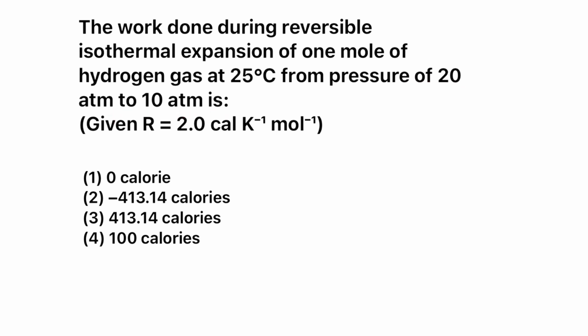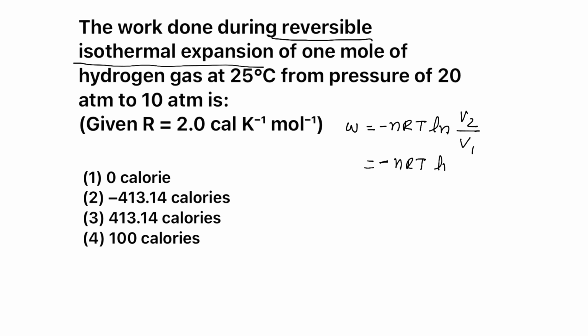For reversible isothermal expansion, you must know the equation for work done. Work done is equal to minus nRT log V2 by V1 in terms of volume, and in terms of pressure it is minus nRT log P1 by P2. This equation you must know.